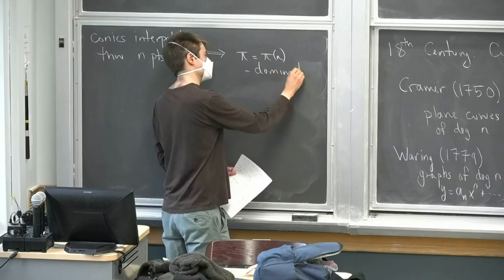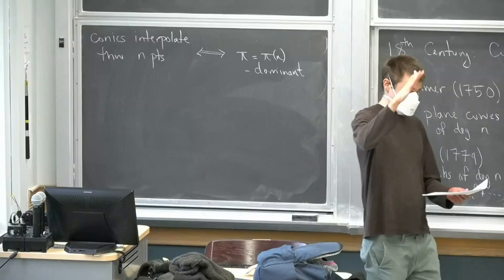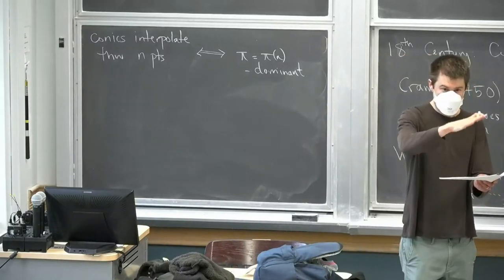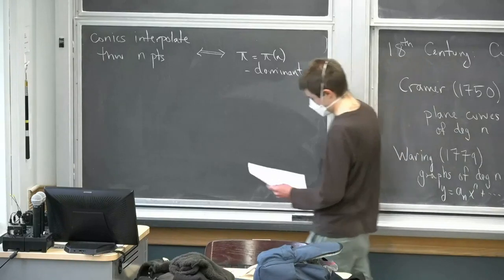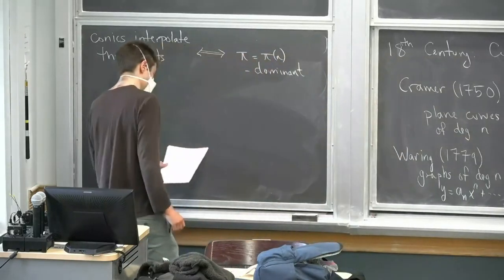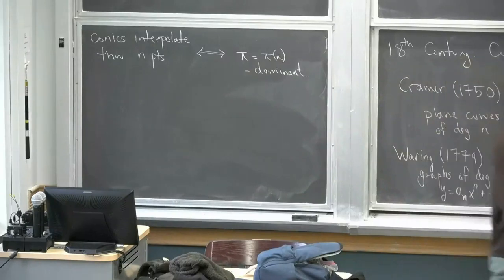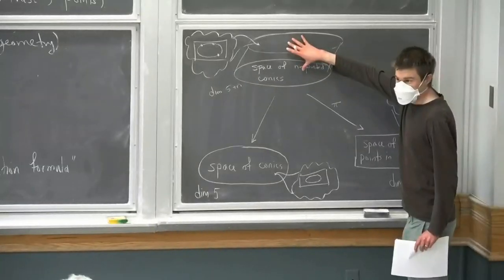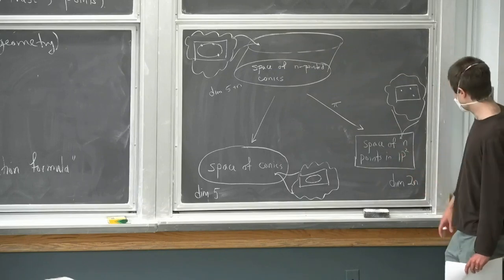Dominant is algebraic geometry speak for basically surjective apart from something that happens when the points are not in general position. Okay? And so, look, if this map pi is dominant, then the dimension of this space better be at least the dimension of this space. Otherwise, there's no way it can dominate.